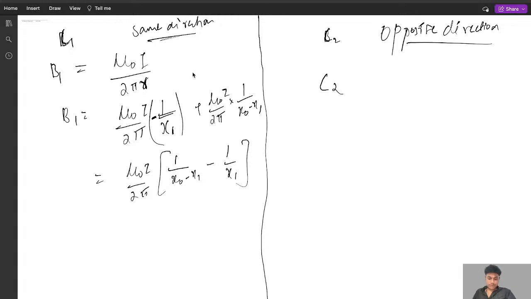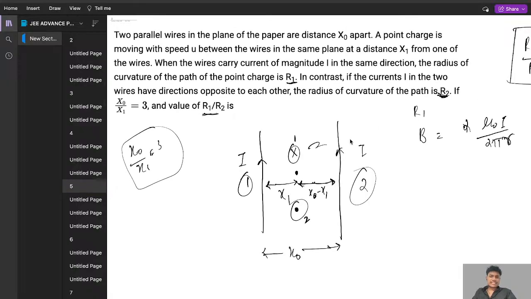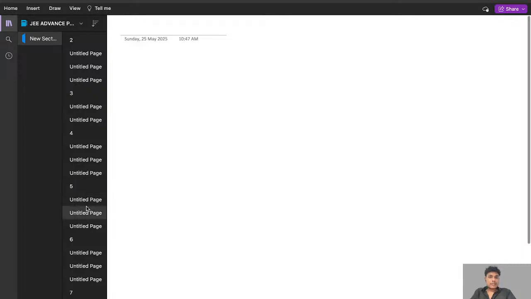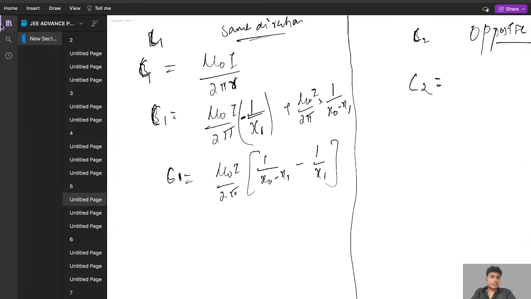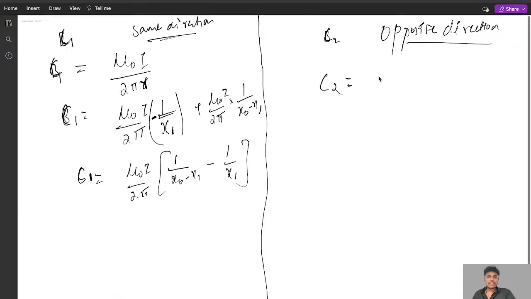ओके, कंडीशन 1 के लिए जो अपना मैग्नेटिक फील्ड आया है, वो इतना आया है, और कंडीशन 2 के लिए अपना मैग्नेटिक फील्ड कितना आएगा, दोनों प्लस हो जाएंगे, क्योंकि जैसे ही आप करंट चेंज करोगे तो दोनों का डॉट हो जाएगा। किसी एक का डायरेक्शन चेंज कर लो, सपोज करो इसी का डायरेक्शन उल्टे डायरेक्शन में कर दिया, राइट? तो इसका डायरेक्शन क्रॉस से डॉट हो जाएगा, सेकंड कंडीशन में, अंडरस्टैंड? अगर इसका डायरेक्शन डॉट हो गया तो दोनों टर्म्स का सम हो जाएगा, दैट इज mu naught I upon 2 pi, 1 upon x naught minus x1 plus 1 upon x1. अंडरस्टैंड दिस?